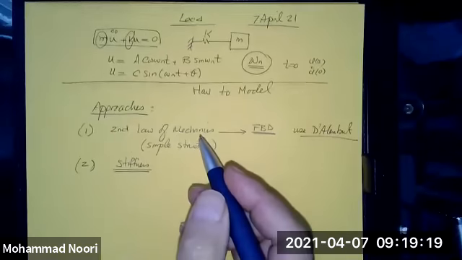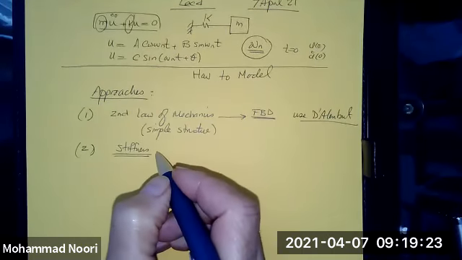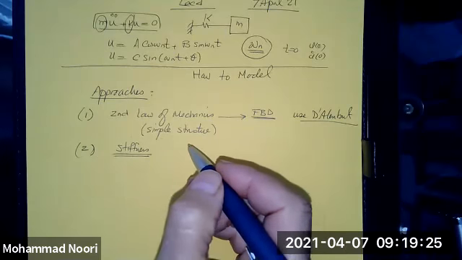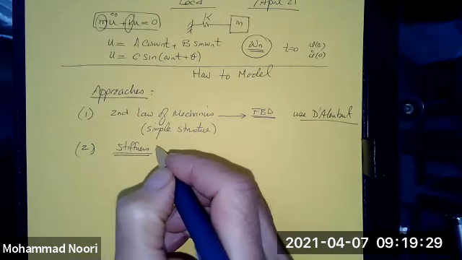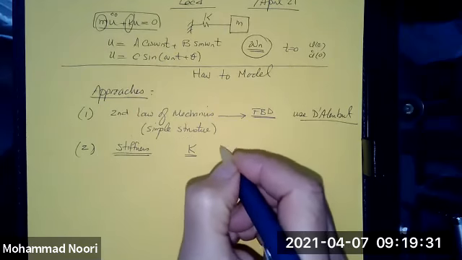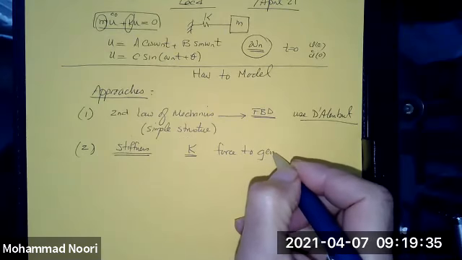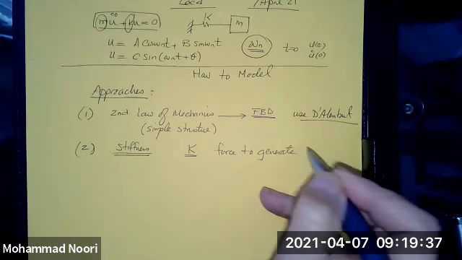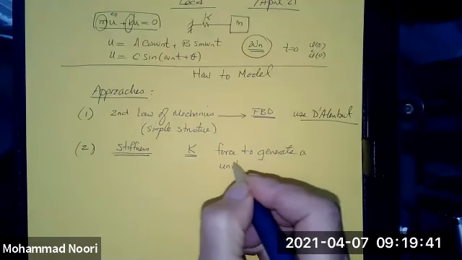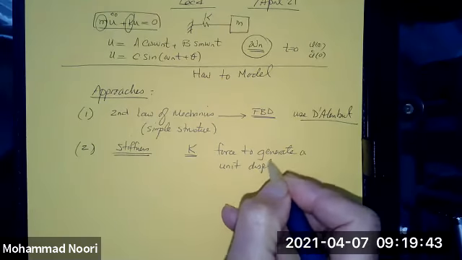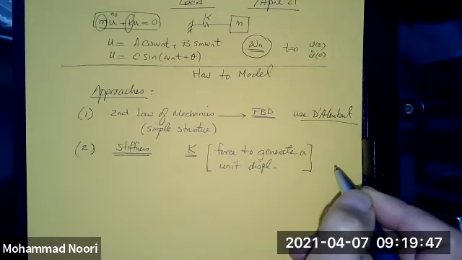It is a stiffness. So in the second approach, in many cases, we can use the definition of the stiffness. What is the stiffness? A stiffness is the force that generates a unit displacement. It has nothing to do with the dynamic motion. It is a static quantity.